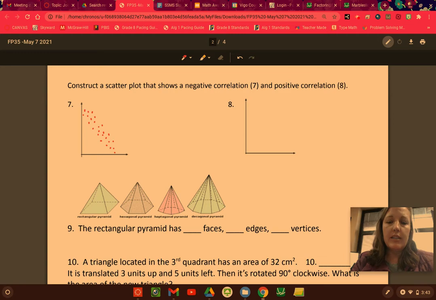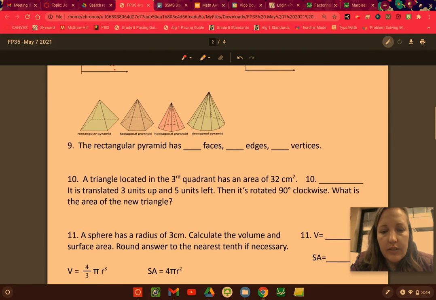Again, a positive, it could start at the origin or it could start above. That's not part of it. But as long as those data points are going in a positive direction or a positive slope, that's what you're looking for there. Okay, not too difficult.